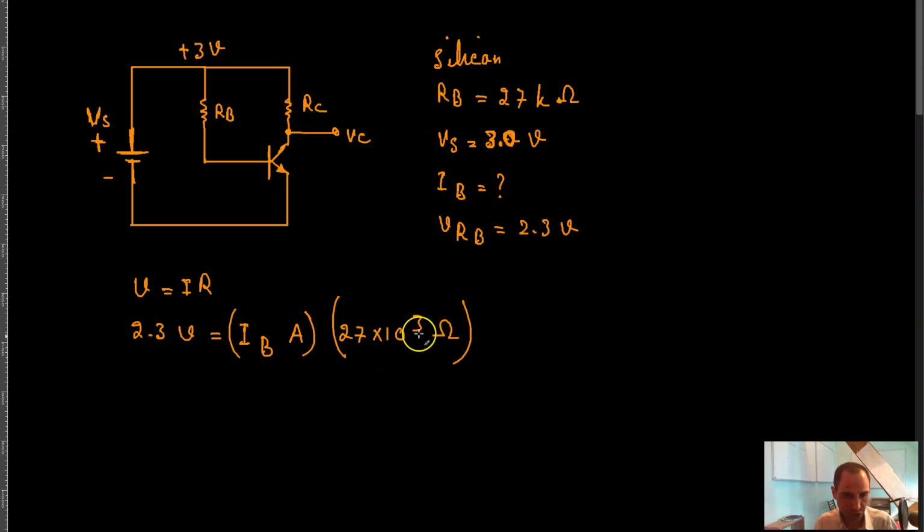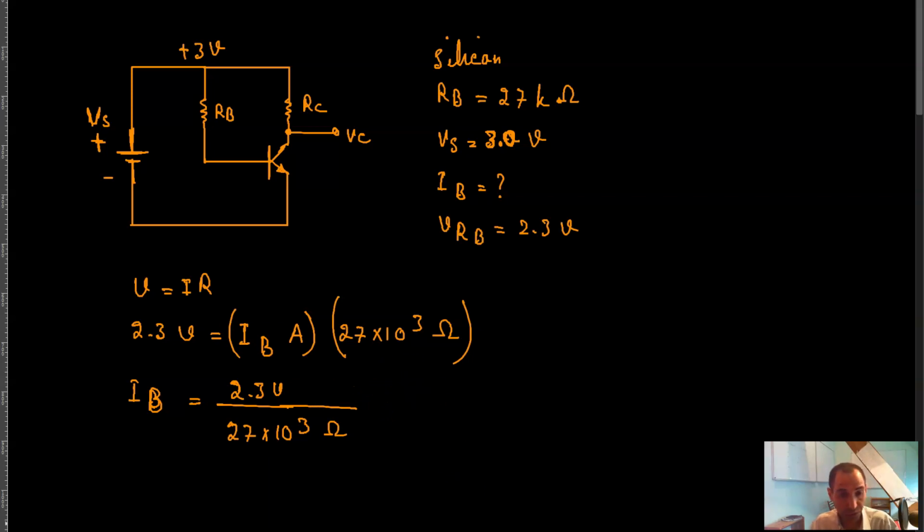Of course you can write kilo ohms here as well, and the units will take care of themselves, but that would make the calculation unnecessarily complicated. So I of B in amps would be 2.3 volts divided by 27 into 10 raised to the power 3 ohms.